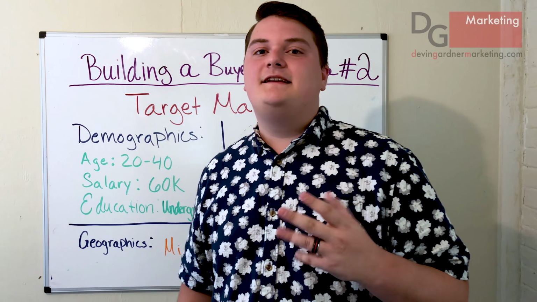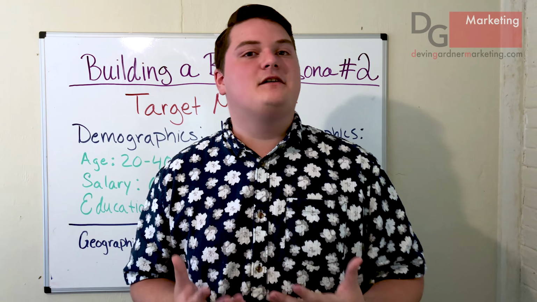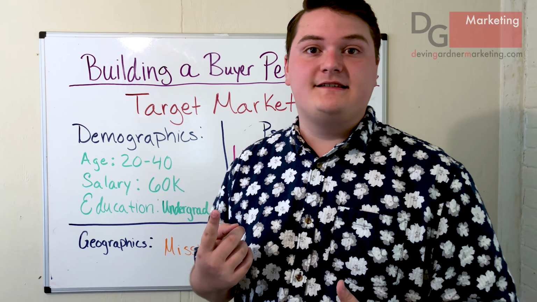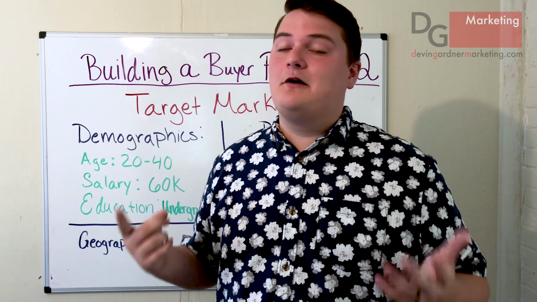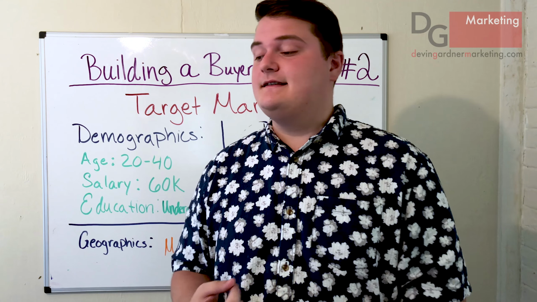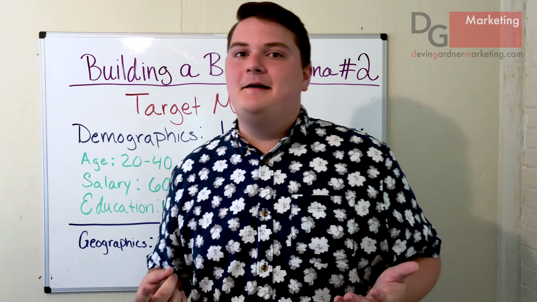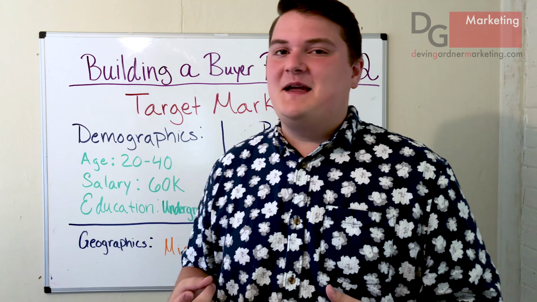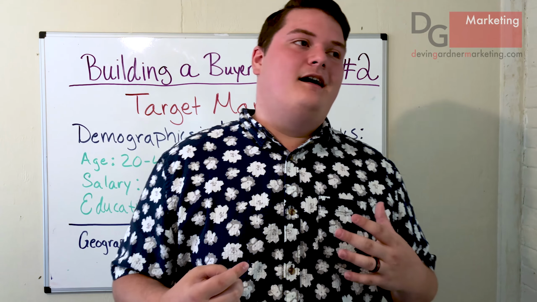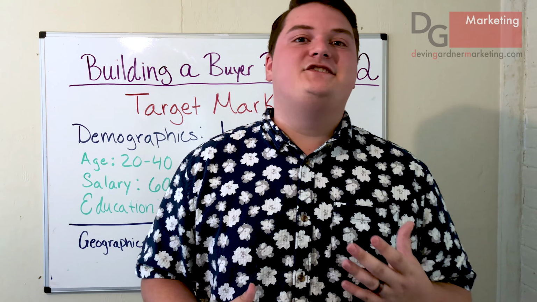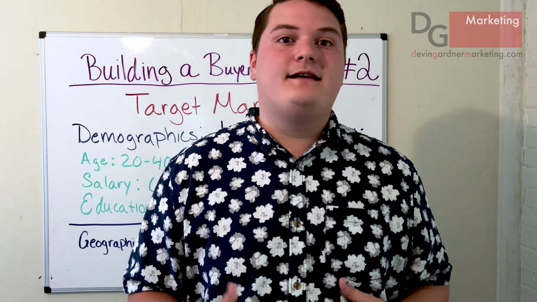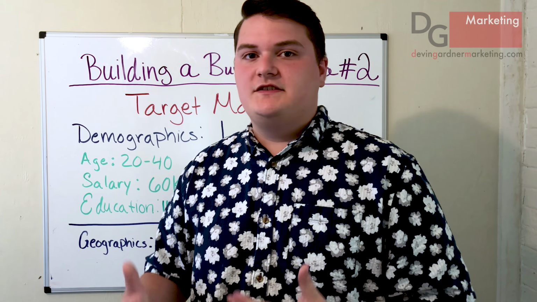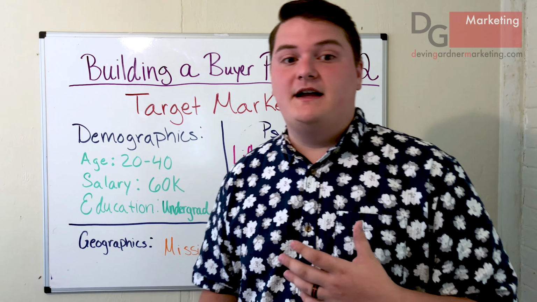The 3 different types of things that make up my target market are demographics. You'll find those in every target market. Everyone knows that word, but if you don't, it's okay. Demographics are things like people's age, their sex, how much money they make, whether they are educated, those sorts of pieces of information.